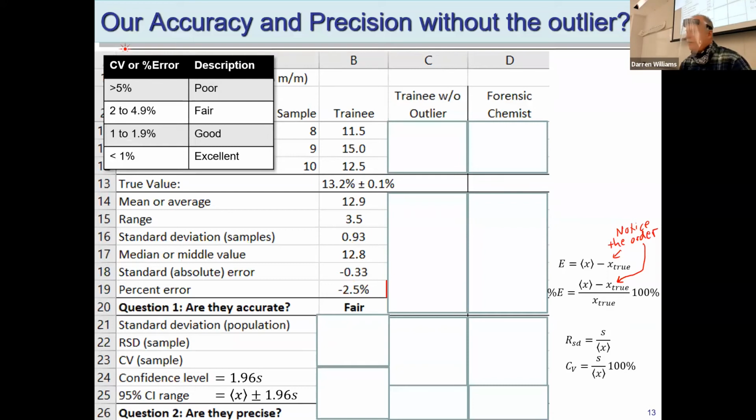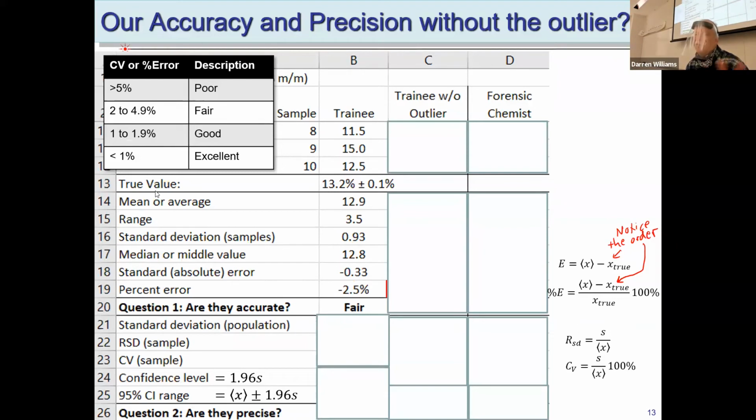So up here's a little table for the language that I'm using. There's no real standard for this, but this is my criterion. If you're greater than 5% off, or if you have greater than 5% precision, I call that poor. You should be within 5% of the true value. Otherwise, your accuracy is poor.